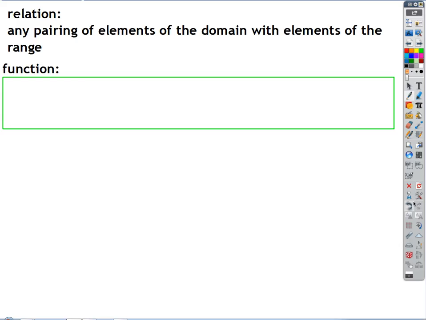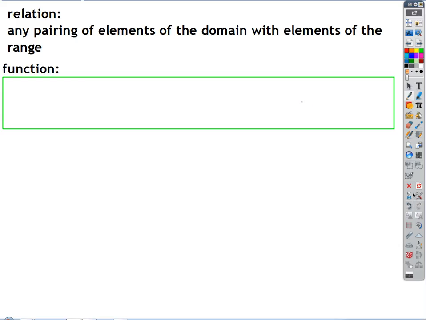A relation where x doesn't have two different values on the same x. No, you're right. For every input value of x, there's only one output, right? For every input, there's only one output. This is what you were getting at, I'm sure.